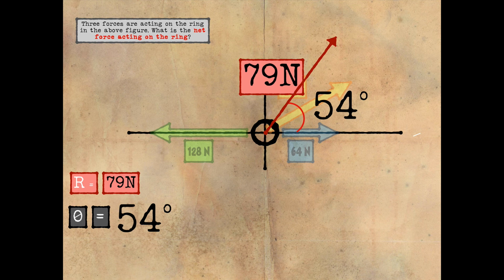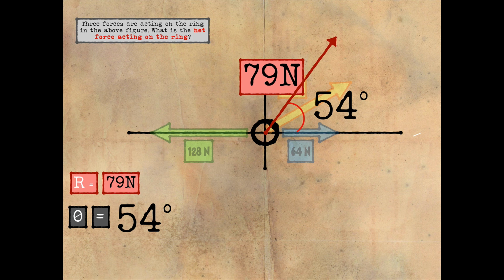So what this tells me is that as all three of these, let's say people, are pulling on the ring, each pulling at his own theta and his own force, the resultant, this ring is actually moving at 79 newtons at 54 degrees with respect to the x-axis.